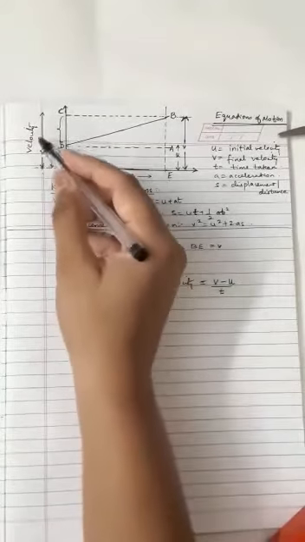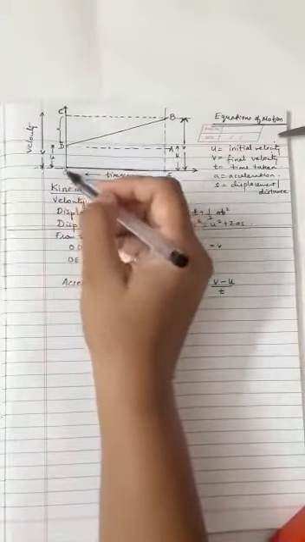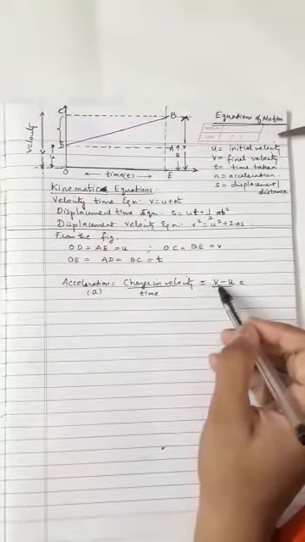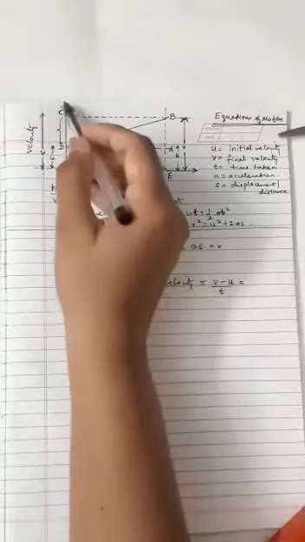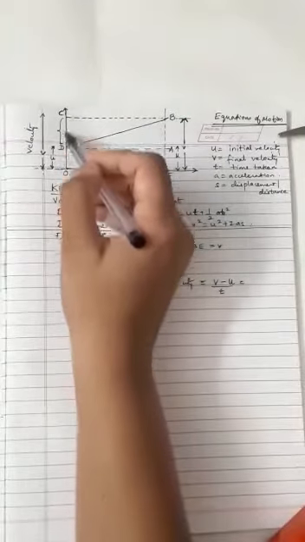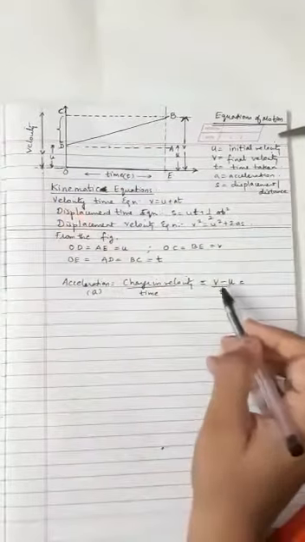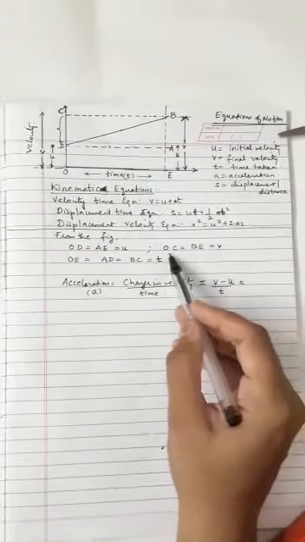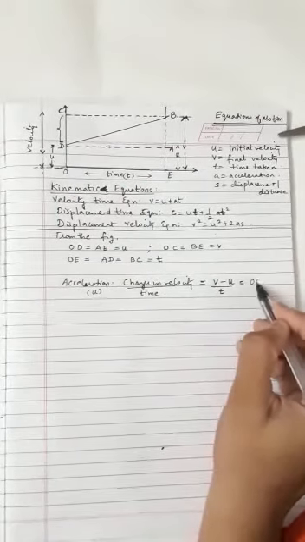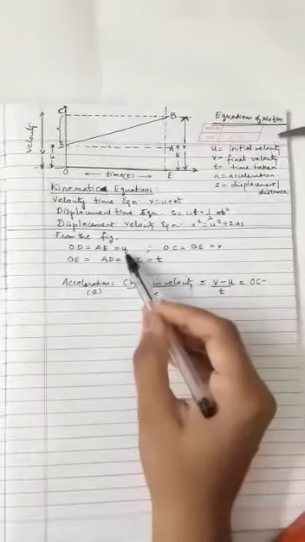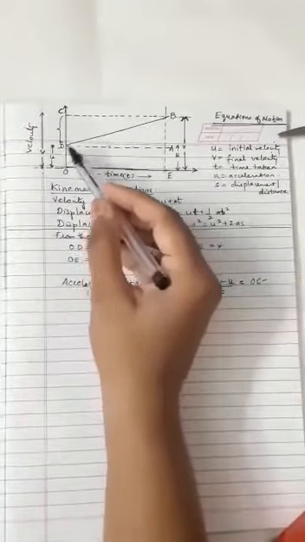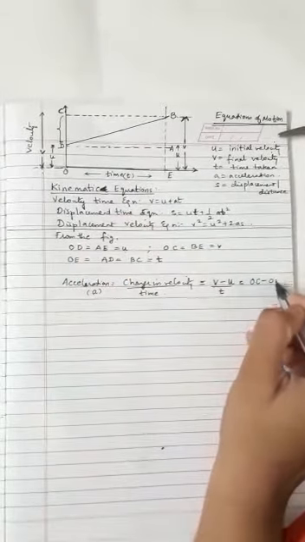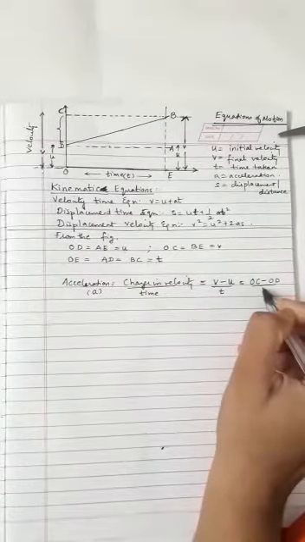Now look at the graph along the y-axis, that is along OC, my v we can write as OC, and u we can write as OD, upon t.